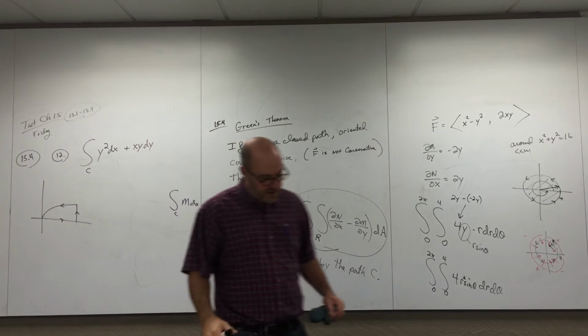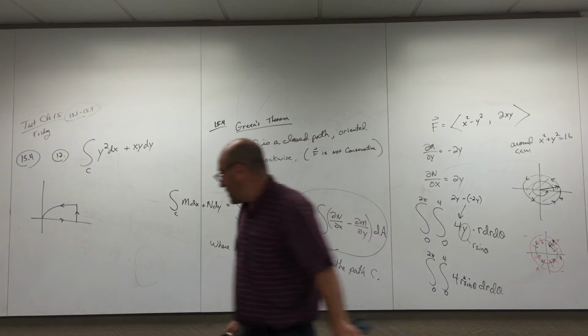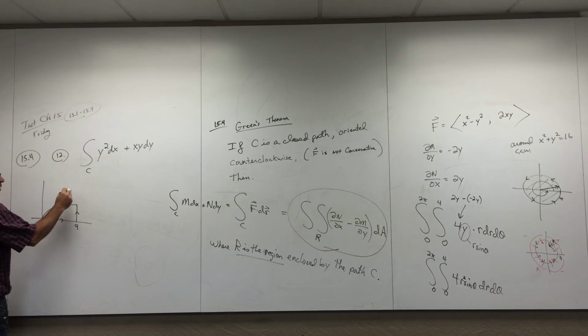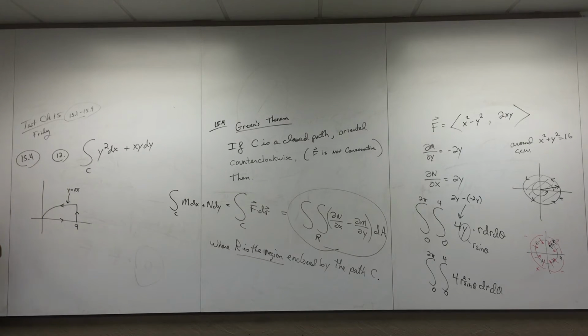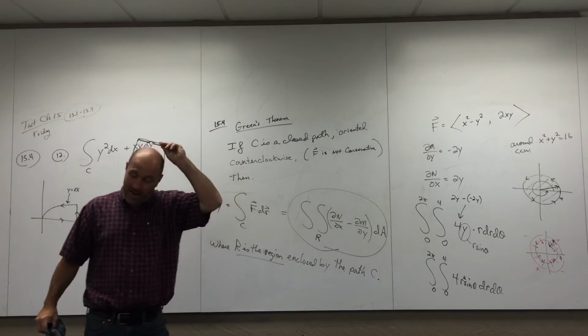Rather than describe it, I'm giving it to you here. This is 12. Y equals the square root of x, x equals 9, y equals 0. I'm going to call this 9. And I'm going to point to this curve and call it y equals the square root of x. Hey, I made the arrows go counterclockwise because you got to. If you're going to do Green's theorem, it's got to be going counterclockwise.